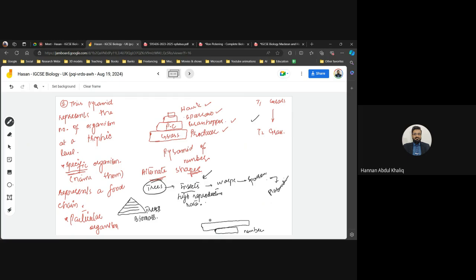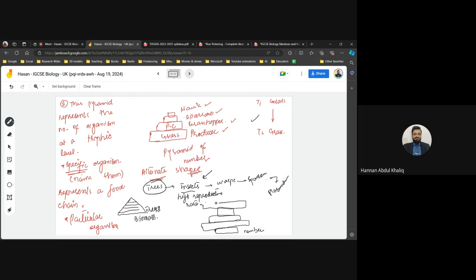Then come the wasps. The wasps are eating these insects, so they are less than insects. Then come the sparrows, which are eating the wasps. But you know what?